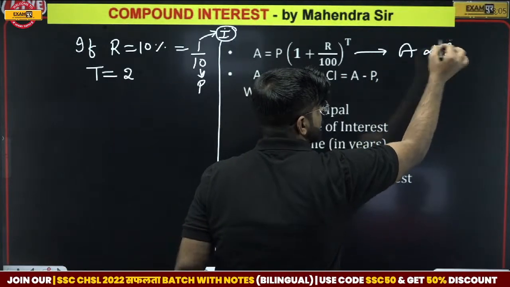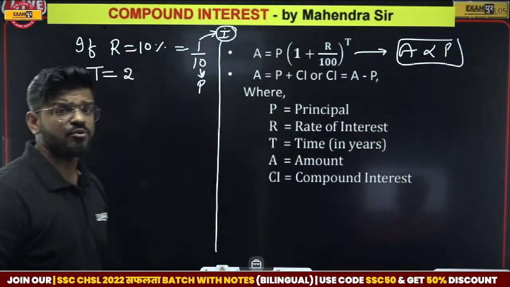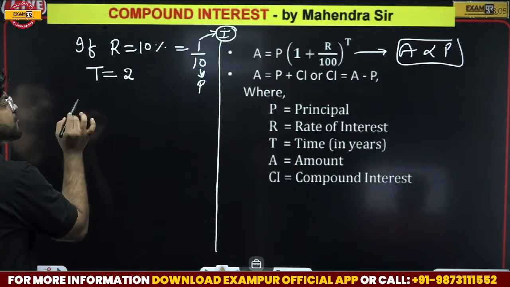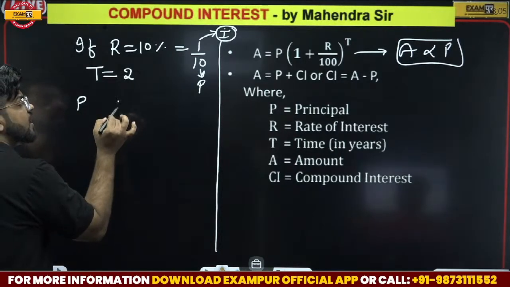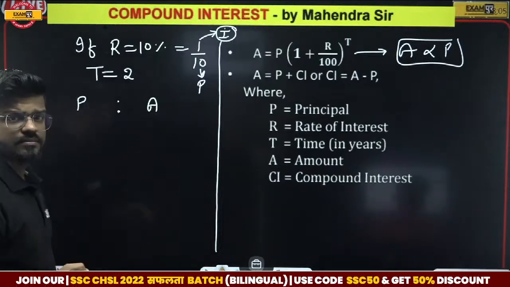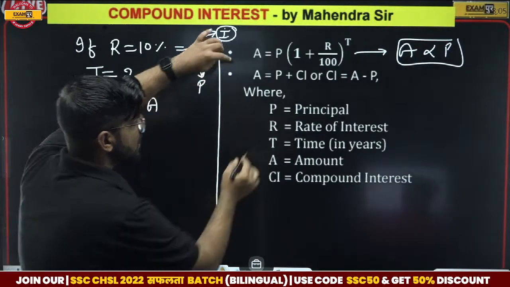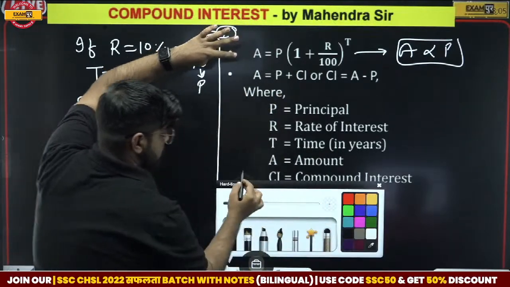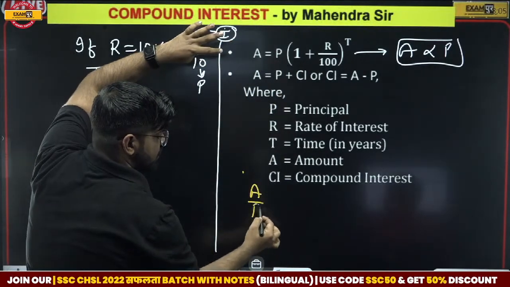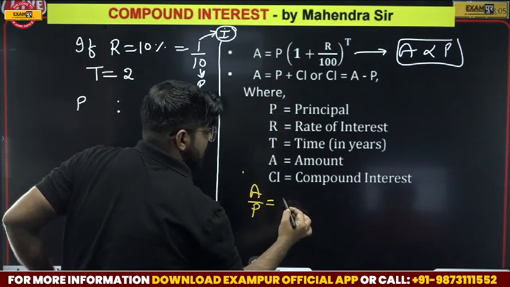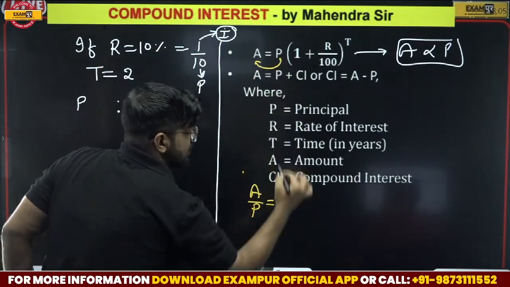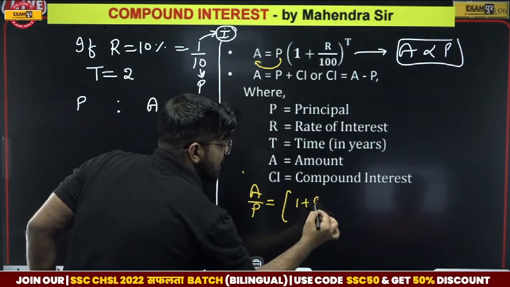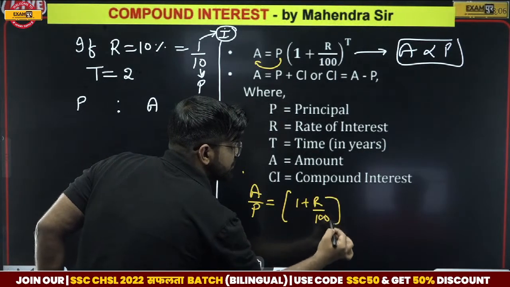You can see that A is directly proportional to P. So P and A are always in a ratio. If A comes over P, how can we write that? A by P is (1 plus r upon 100) to the power t.